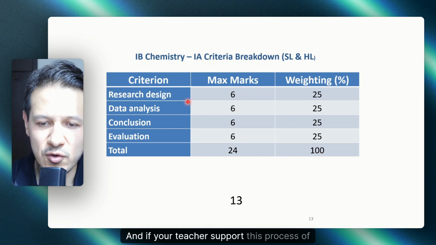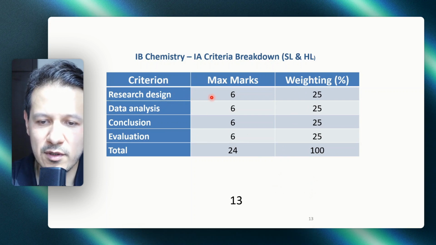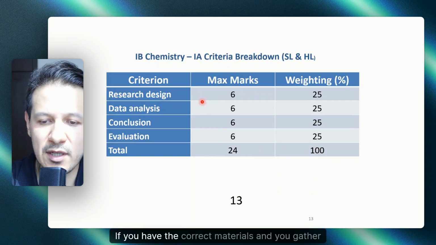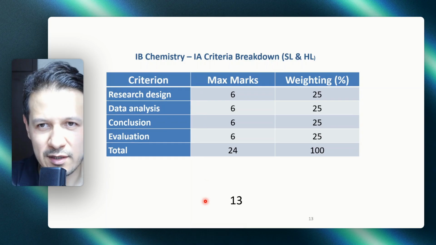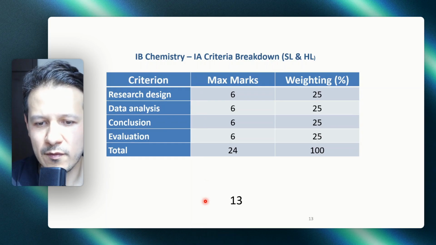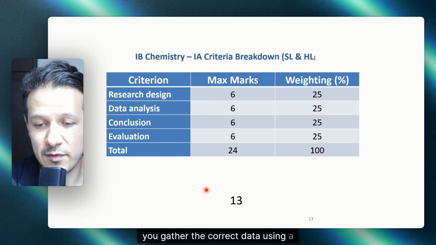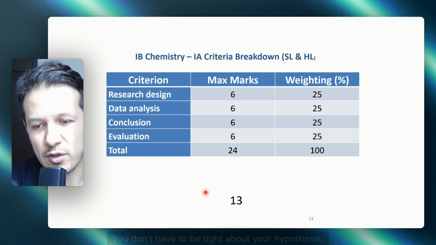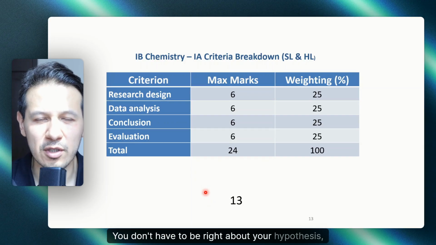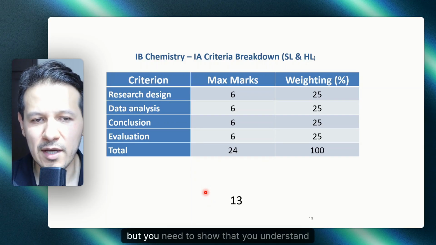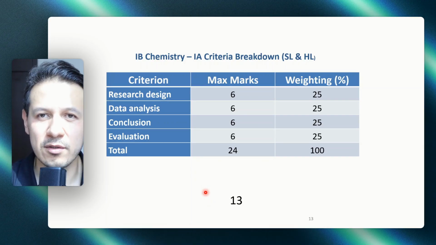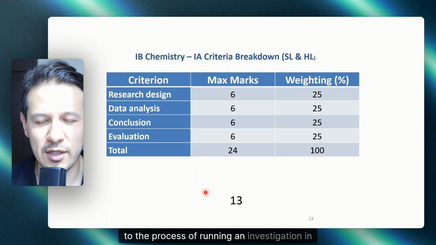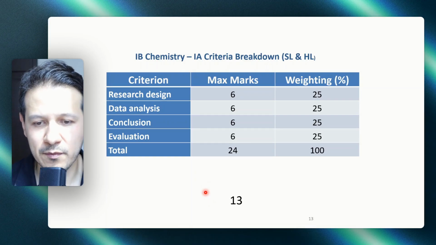If your teacher supports this process of designing a research question, if you have the correct materials and you gather the correct setup, you gather the correct data using a setup, so you will get a good research question. You don't have to be right about your hypothesis, but you need to show that you understood the process of running an investigation in chemistry.